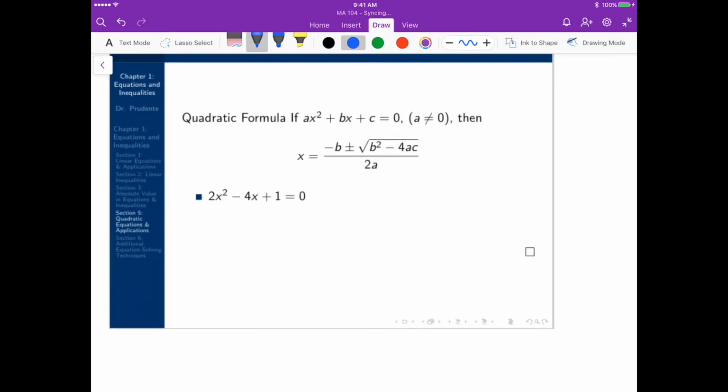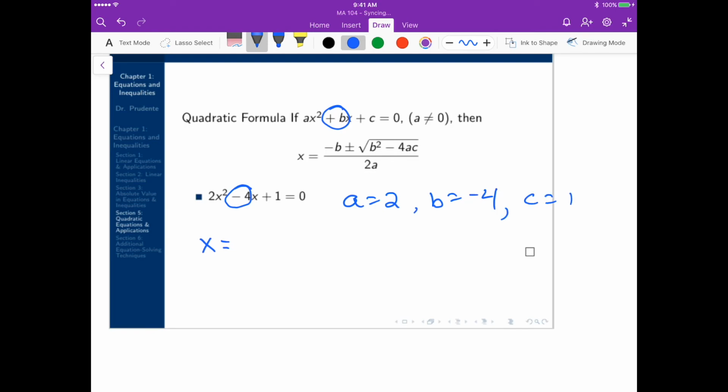So we can just do a quick example. x is equal to, well, let's see, we have to come up with our values. In this case, a is going to be 2, b is going to be negative 4. Notice how it's plus b, so if there's ever a different sign, that's included in our value for a, b, or c. And c is 1.